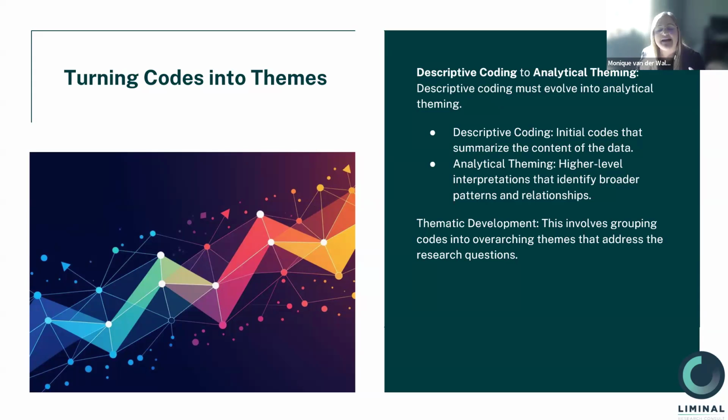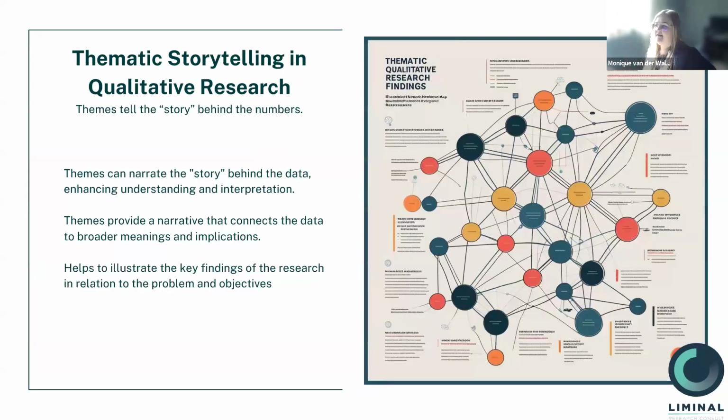But the moment when you have enough perspective, you move into higher level interpretation, whereby we identify how we can group these things into a broader perspective, or see what the relationship is between these codes. And if we can see that they have a relationship or can be combined together, we then group these codes into an overarching theme and think about how this theme addresses our research question.